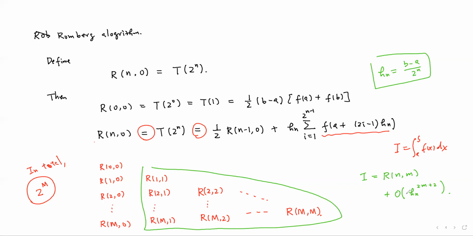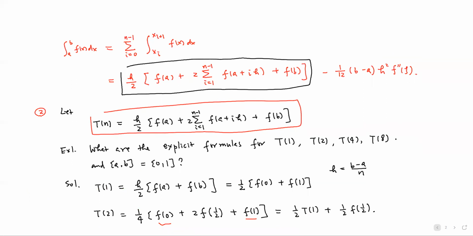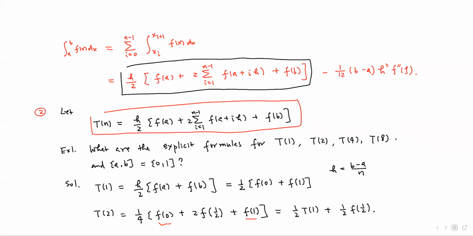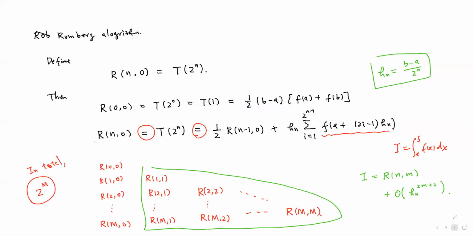The composite trapezoid rule has order just 2. Now we can obtain a formula of any order.